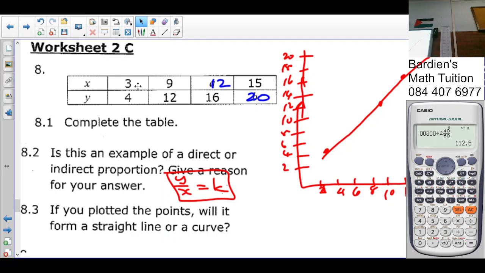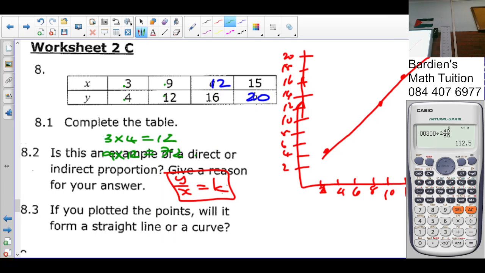Okay, so if you got a table like this, we must see what relationship exists between these values. So what I said is, either you're going to multiply those two numbers. So 3 times 4 is 12, and 9 times 12 is 72. Is that the same value?